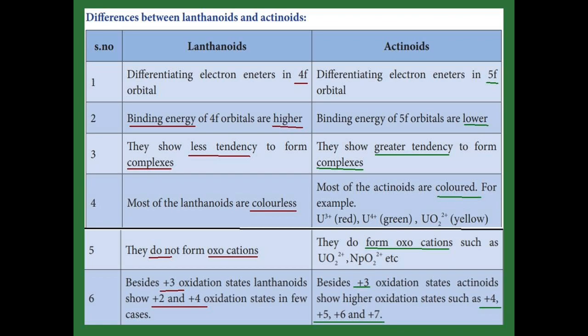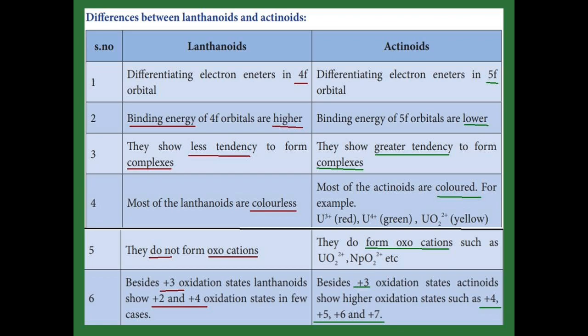In actinoids, uranium UO2 2+ is called an oxocation, and neptunium NpO2 2+ is also an oxocation; oxygen-containing cations are called oxocations. Lanthanoids do not form oxocations, but actinoids do.